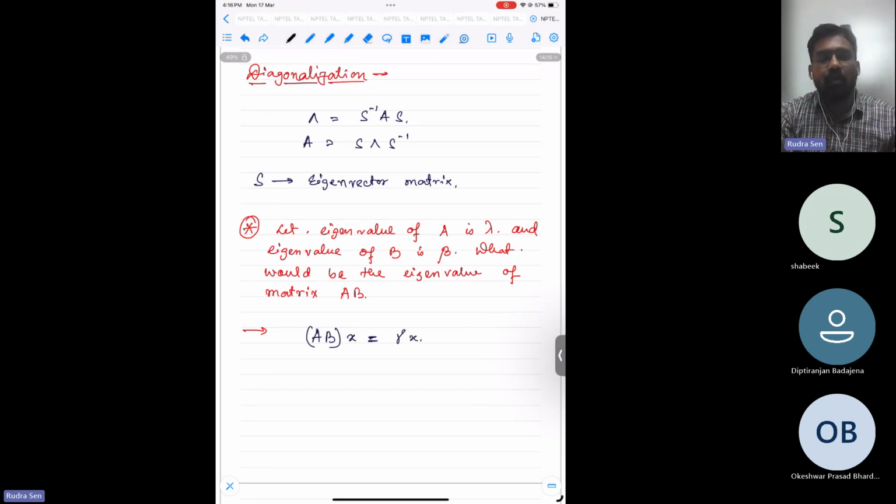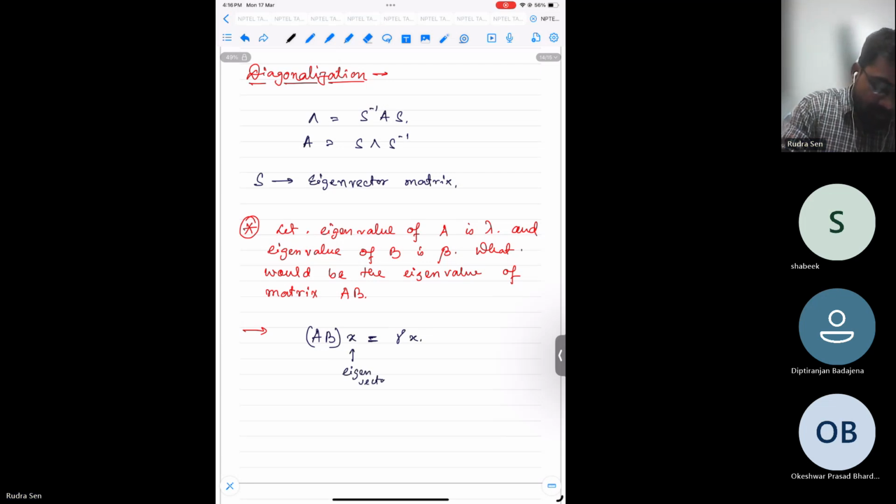Here the proof looks deceptive, which is true, but it is basically a false proof. So this is where we can make mistakes. Here X is an eigenvector and this is the eigenvalue, right?